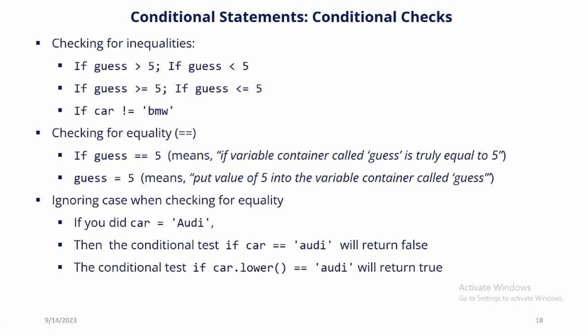How do you deal with such a situation? You use the built-in function lower. So instead of saying if car == Audi, you just say if car.lower() == audi. It will return true. Whether the original value you put there was a capital A or a small a, it doesn't matter, it's going to return true. So that is how to deal with case when you are checking equality for strings.